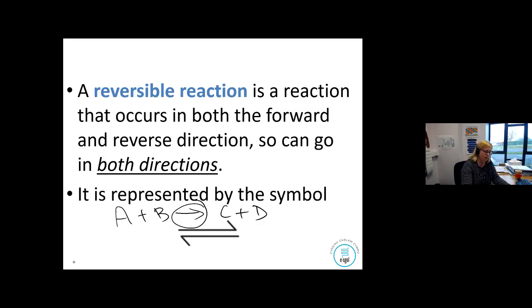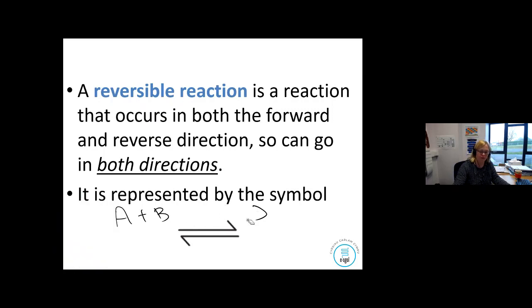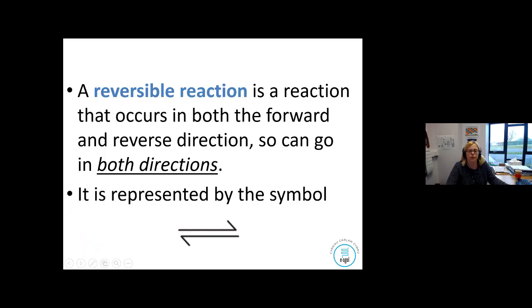So let me get rid of the incorrect one, so that it's clear what I'm talking about. The reversible reaction has a new symbol, which is a double-ended arrow in certain circumstances, but it's not the double-ended arrow you can find in some packages such as Word. It is a half arrow in one direction and a half arrow in the opposite direction. Do not be tempted to put in this symbol. They do not like it.